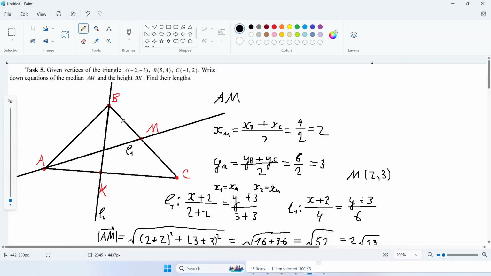So, any ideas? So we remember that BK is perpendicular to AC.